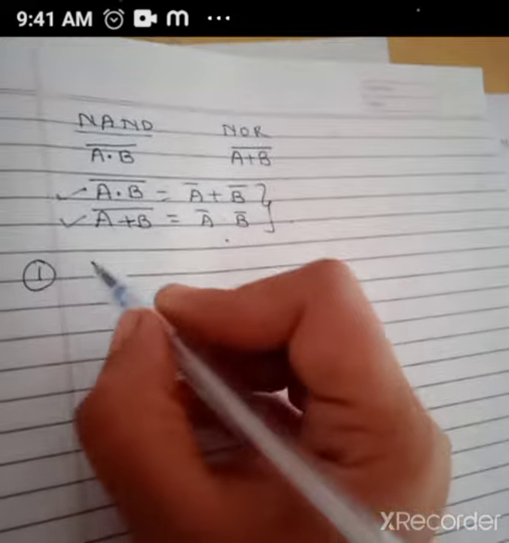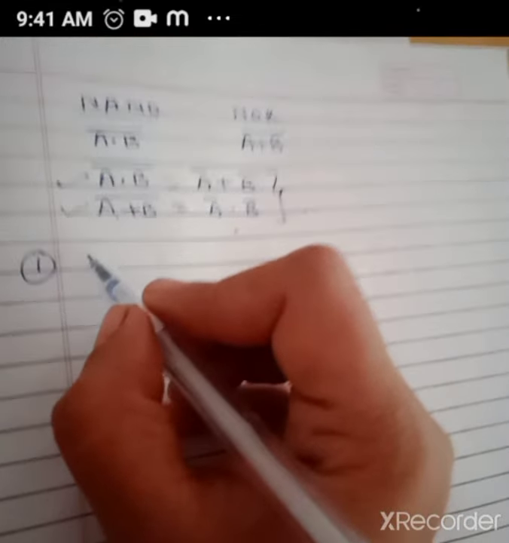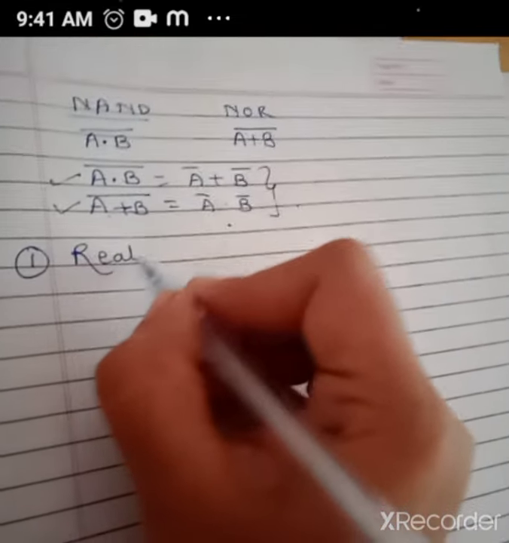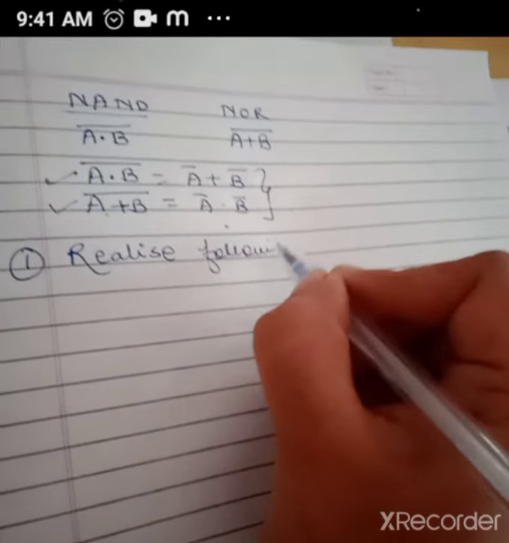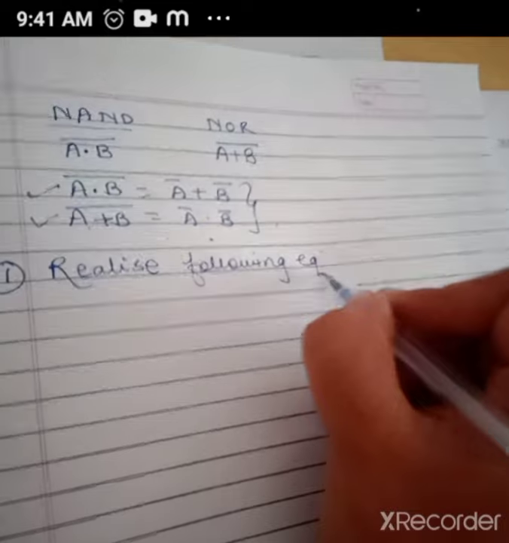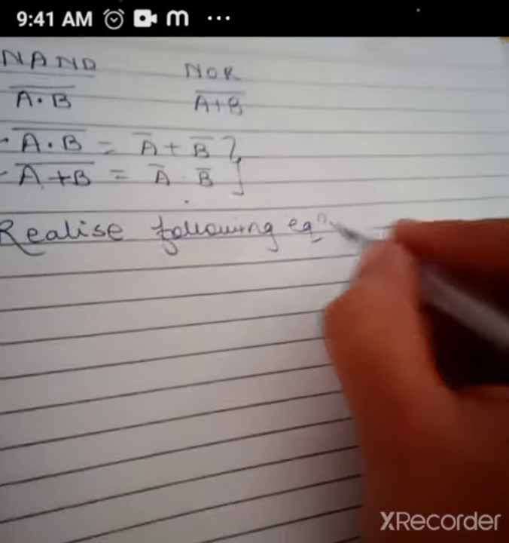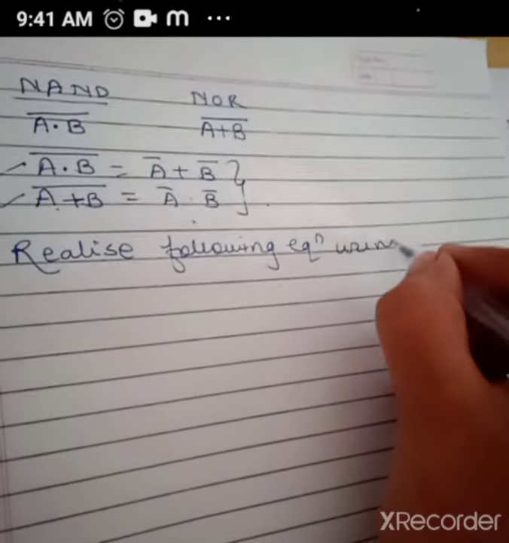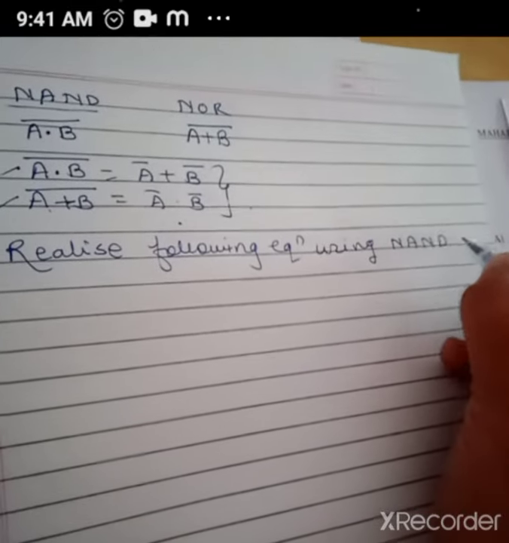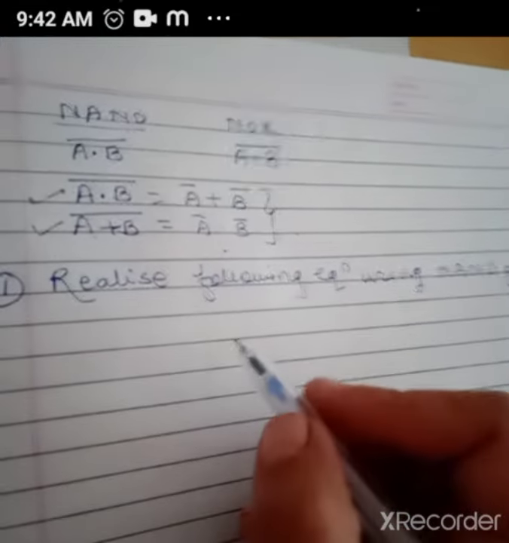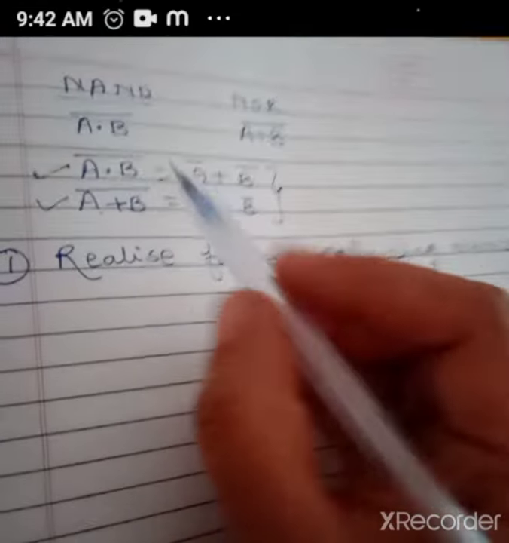So the question is given like this: realize the following equation using NAND gate only, or implement the following equation using NAND gate. It means the given equation contains only dot and complement, like this.